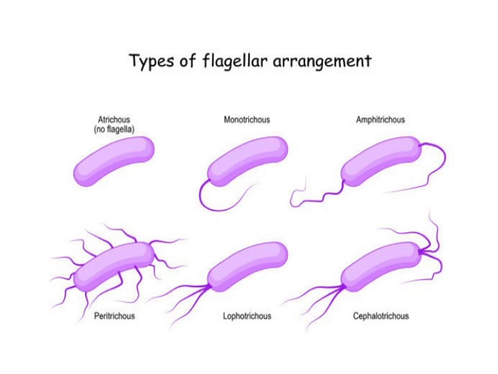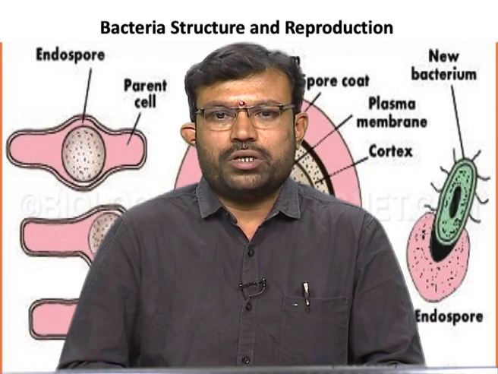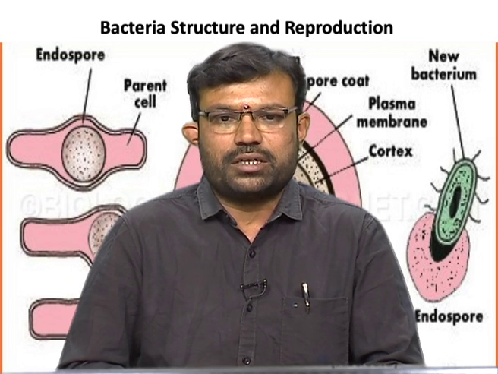Second, monotrichous bacteria: only one flagellum is present at one end. Amphitrichous bacteria: a pair of flagella are present at both ends.